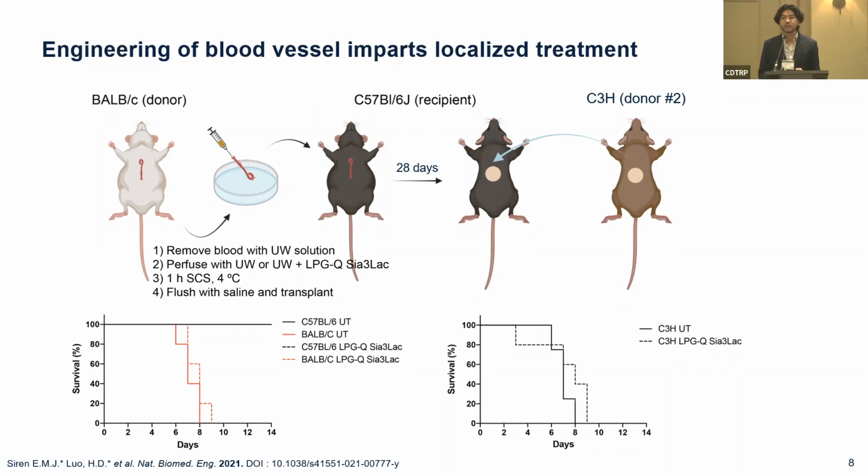We saw that the rejection of the skin was similar in both the treated and untreated arms of mice, meaning that the modification of the artery had no non-specific effect on another part of the body, particularly the skin. So that was really promising to show a localized effect.